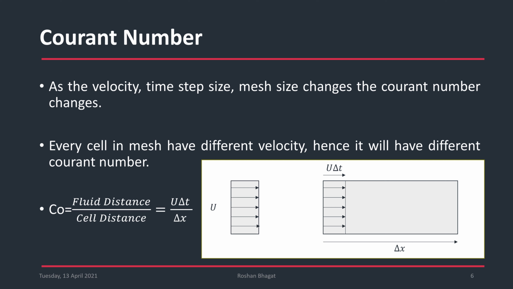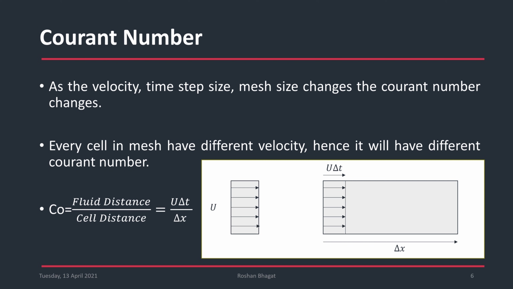Now on which parameters does this Courant number depend? It depends on the velocity, the time step size, as well as the mesh size. Once the mesh has been created, we cannot change it; we would have to go back to meshing. So if these parameters are changed, the Courant number can also change.